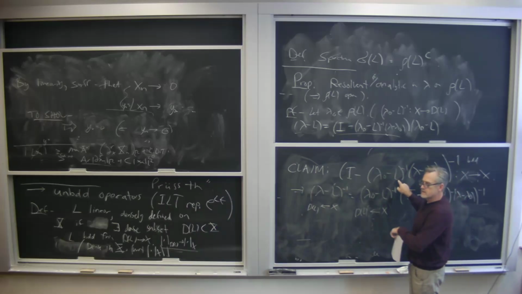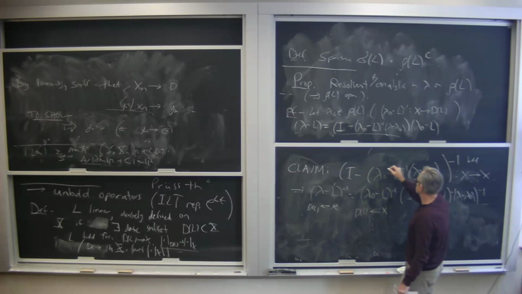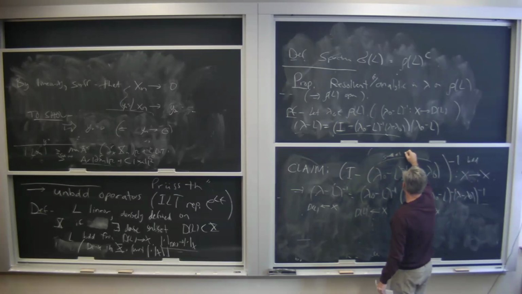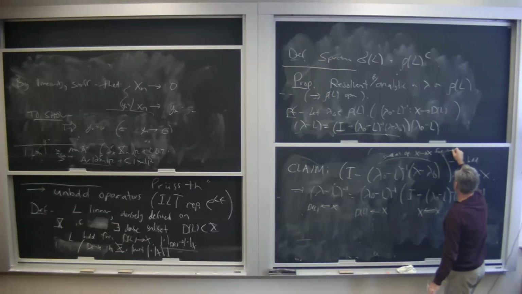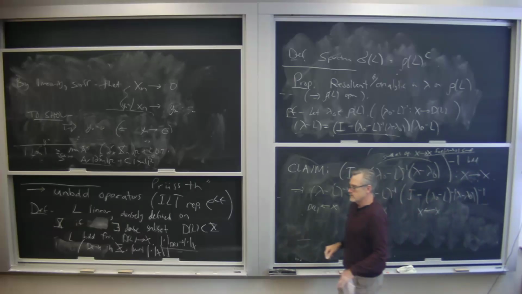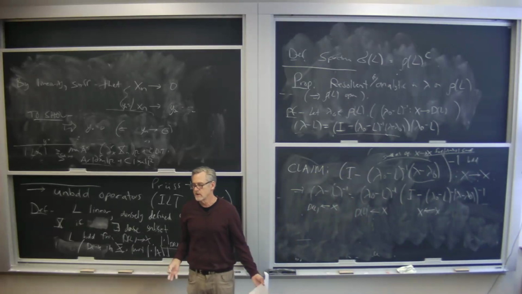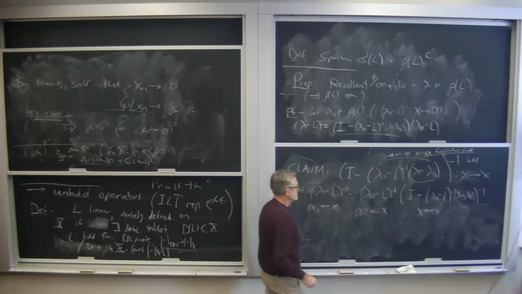It's certainly bounded from X to X, because that's a weaker norm. And it's small as an operator from X to X for lambda minus lambda naught small. Right, because it's a small perturbation of the identity, so I can use Neumann expansion.